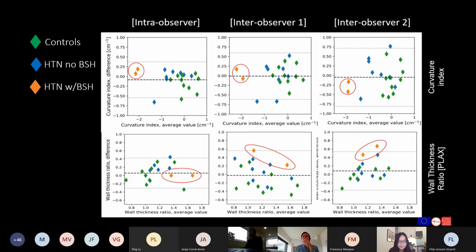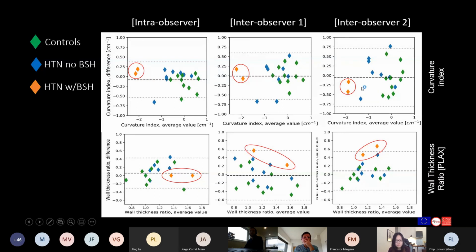So these are the Bland-Altman plots, right? They show the average curvature index or average wall thickness ratio for each of these cases, so the average value between the 2 observers, and also the difference between those 2 observers. You can see that there are always some differences between the measurements done by the observers.